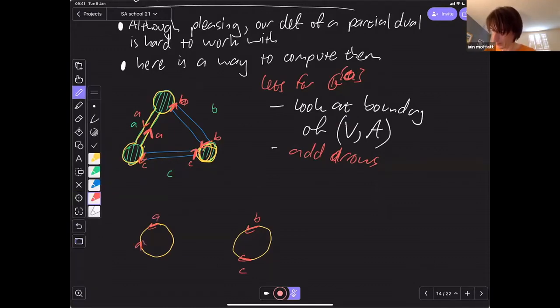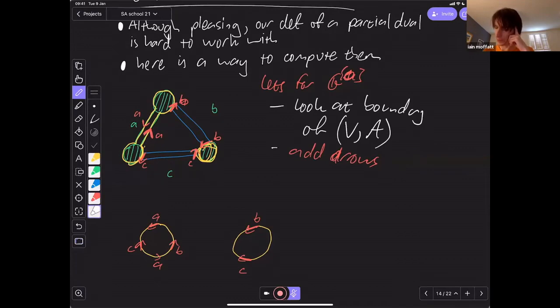So that's my C. Then my A arrow is with the direction. And finally, this B arrow is going to be there. And this system is what's called an arrow presentation, and it describes a ribbon graph.